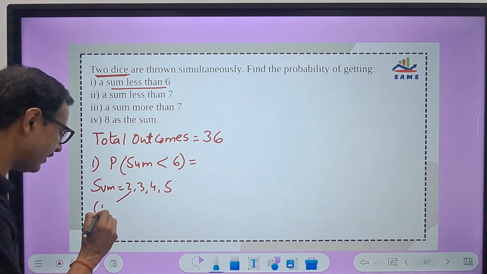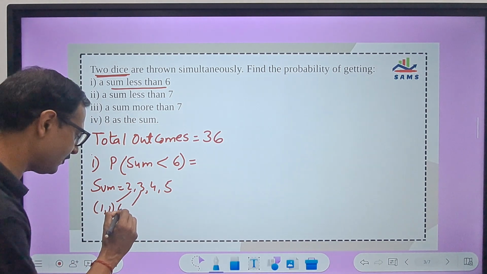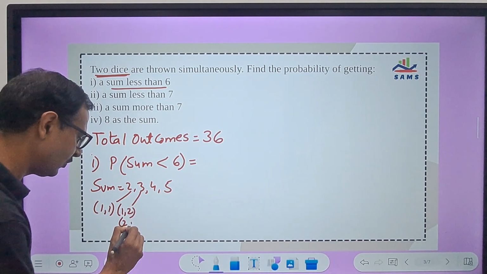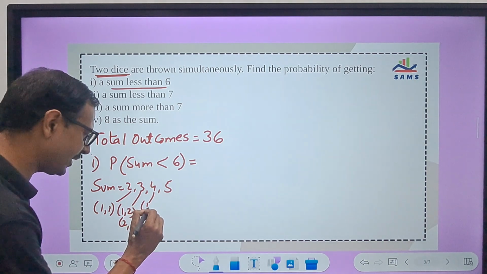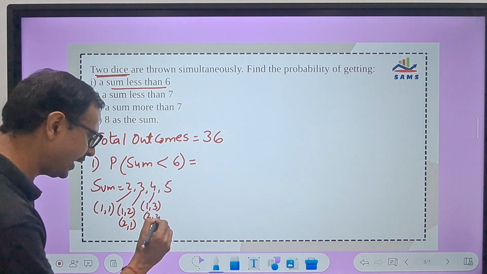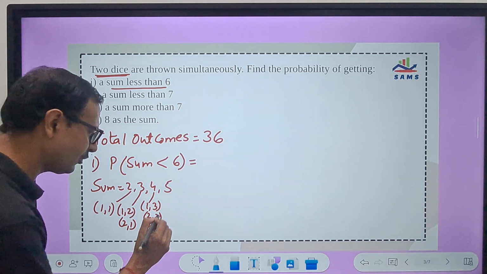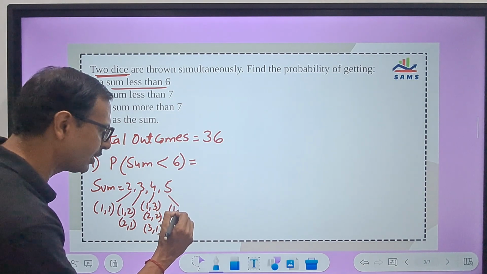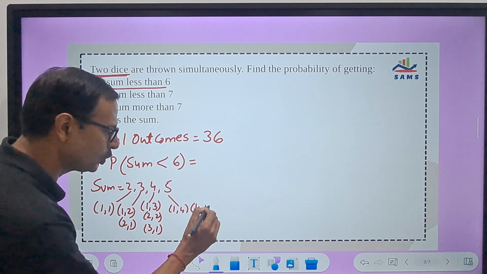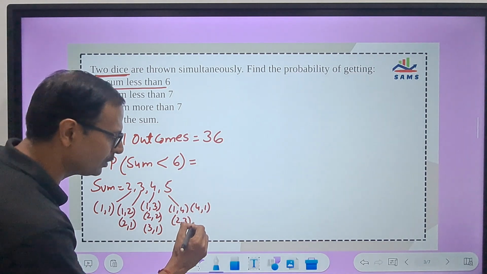For 2 it is just 1, 1. For 3 it is 1 2 and 2 1. For 4 it is 1 3, 2 2 and 3 1. For 5 it is 1 4, 4 1, 2 3 and 3 2.